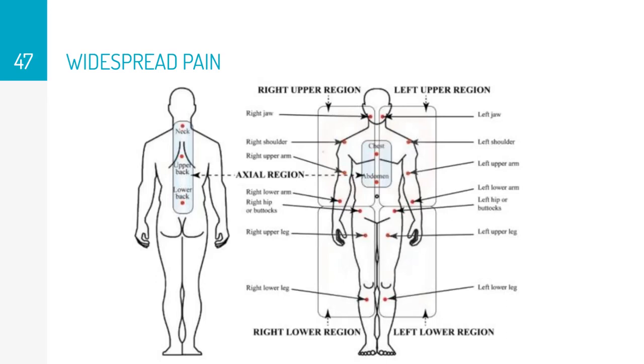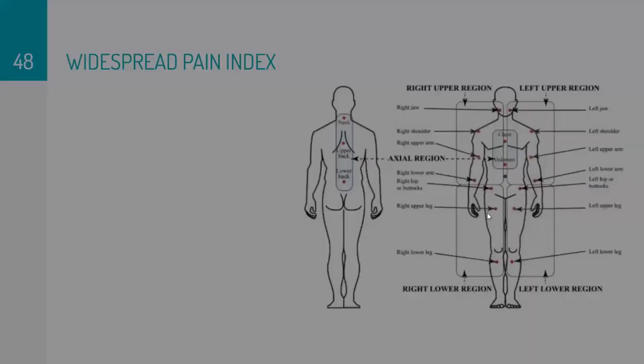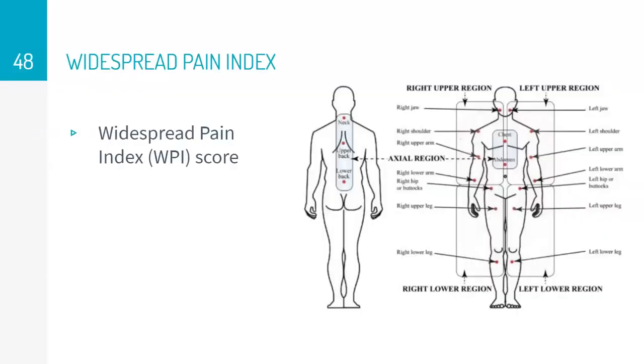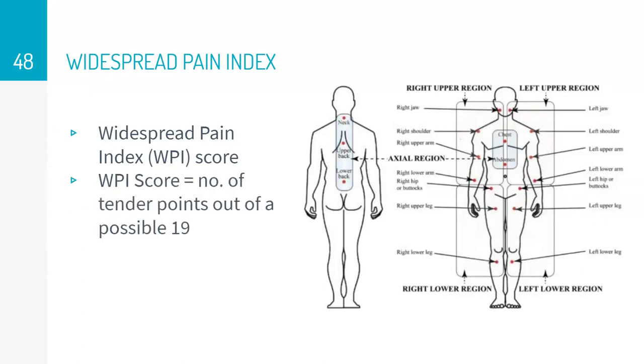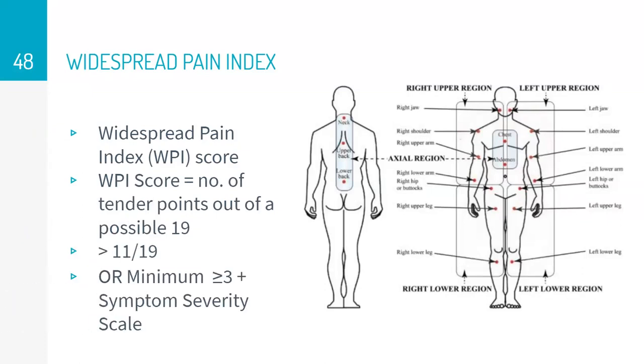Previously, if you had more than 11 of these 19 points that were tender, then you were diagnosed with fibromyalgia. That was called the widespread pain index score. So you would have more than 11 out of 19.